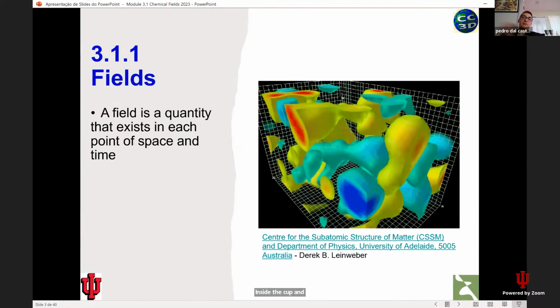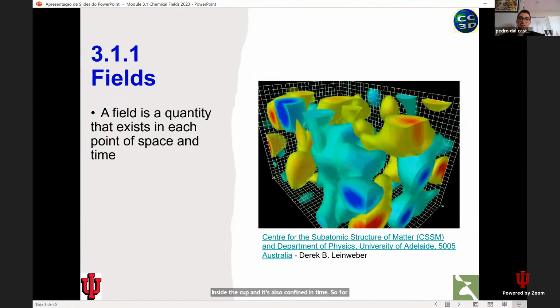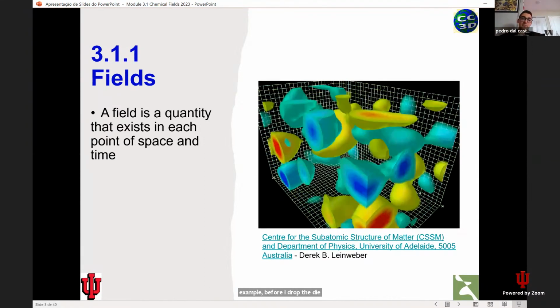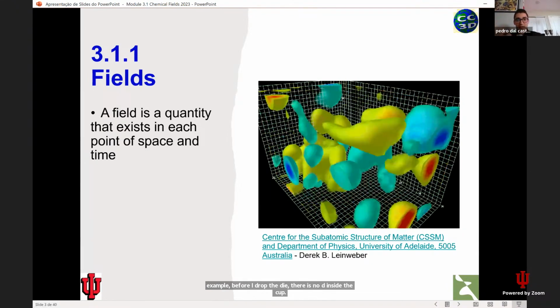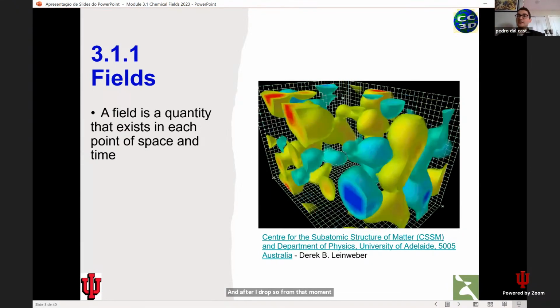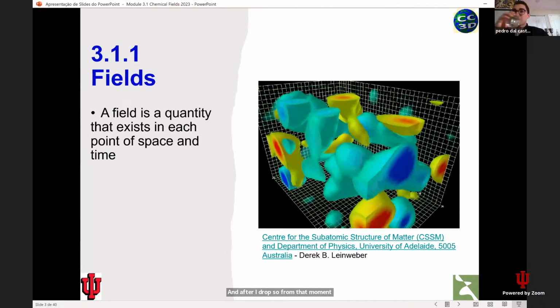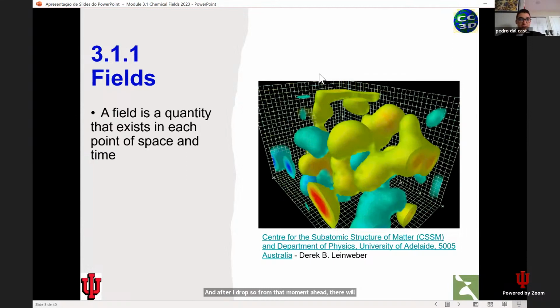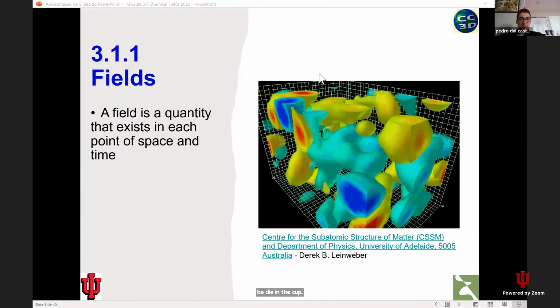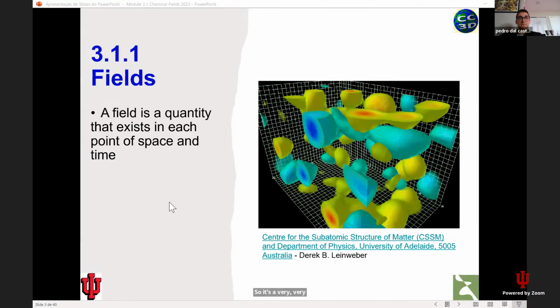So for example, before I drop the dye, there is no dye inside the cup, and after I drop, from that moment ahead, there will be dye in the cup. So it's a very, very basic and simple concept.